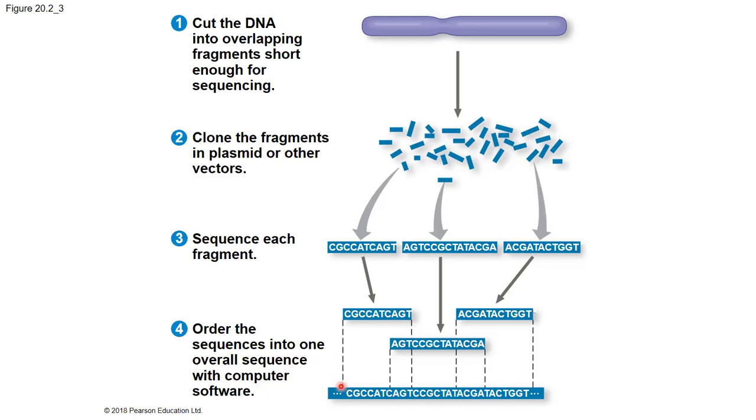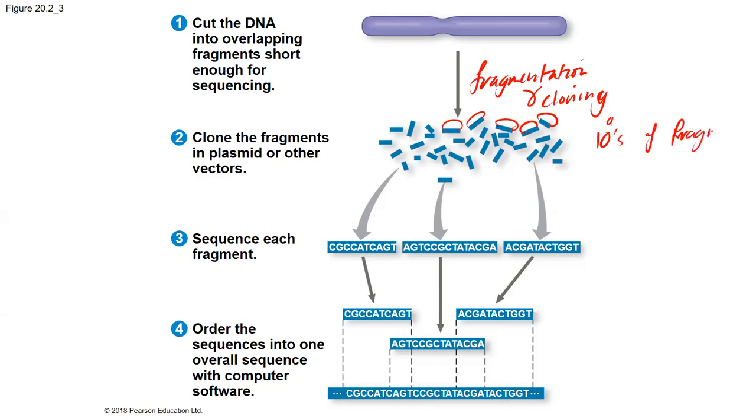So computer software will analyze the sequences of the millions of fragments. So here we have fragmentation of the genome, followed by cloning. So all these fragments will be cloned into plasmids. Then of course there will be billions of these short fragments. Fragments means qita.